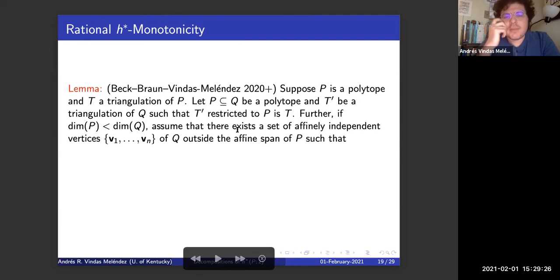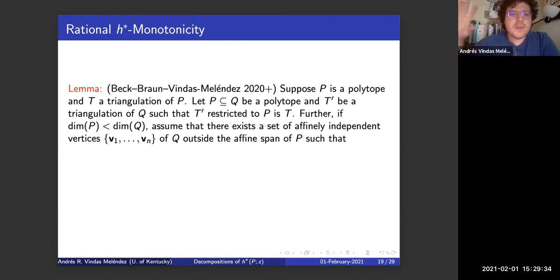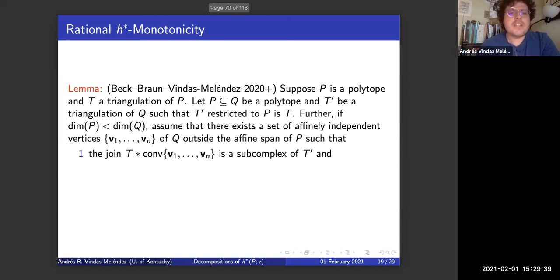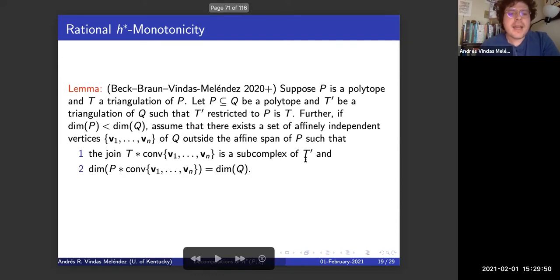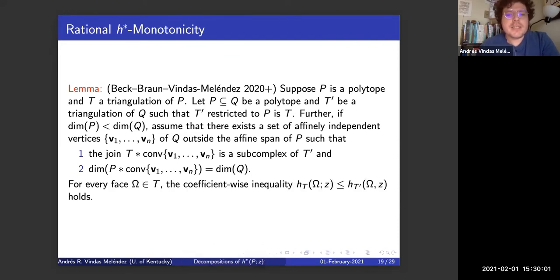Well, then we take it a little bit further, and we assume that there exists a set of affinely independent vertices of Q outside the affine span of P, such that when I join T with the convex hull of those points, it's a subcomplex of T prime. And the dimension of P joined with the convex hull of those points now matches the dimension of Q, okay?